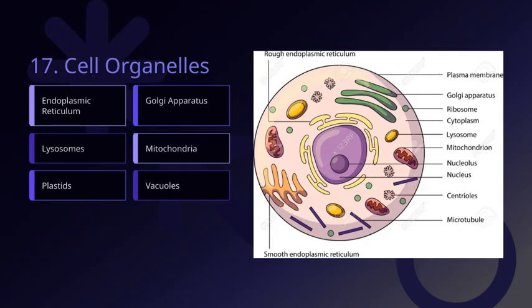These are like storage tanks. They hold water, nutrients, or waste products, and in plant cells, a large central vacuole provides structural support and maintains turgor pressure. By understanding these organelles, we see how each part plays a crucial role in maintaining the overall health and functionality of the cell, which ties back to our theme of cellular complexity and efficiency.